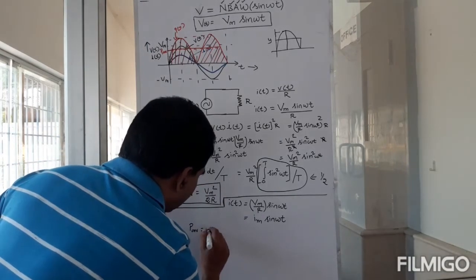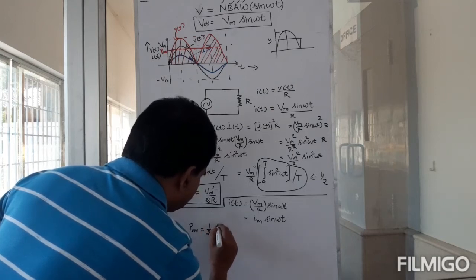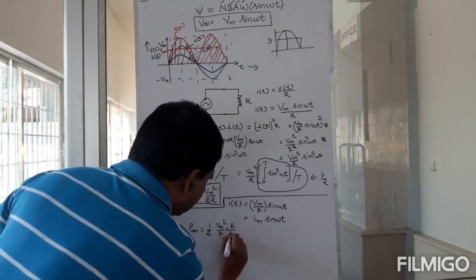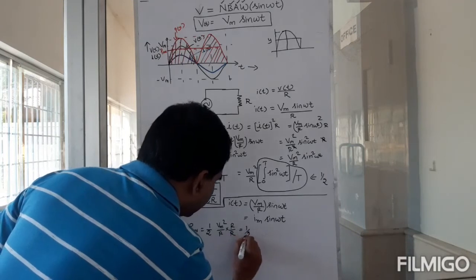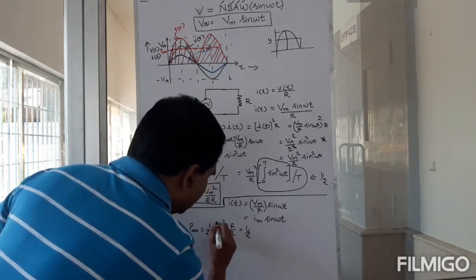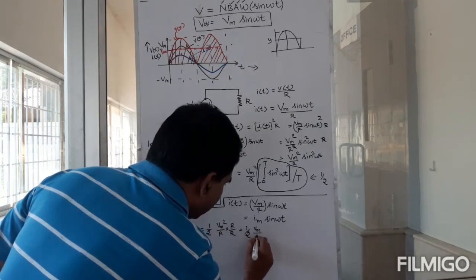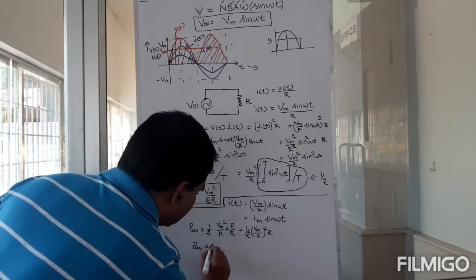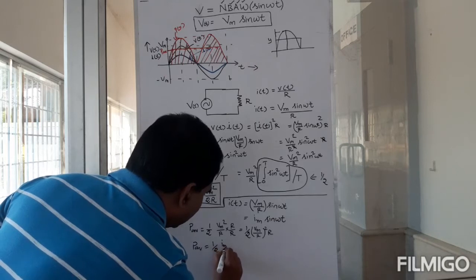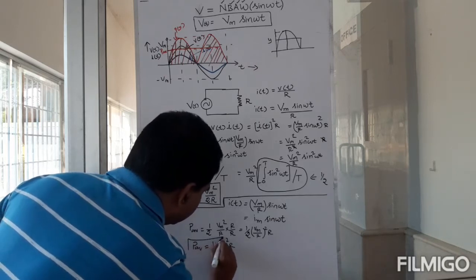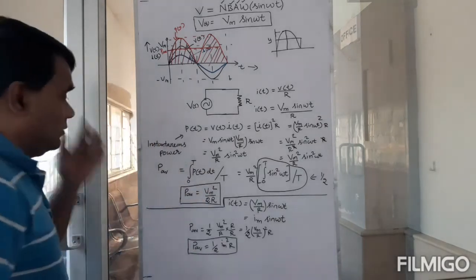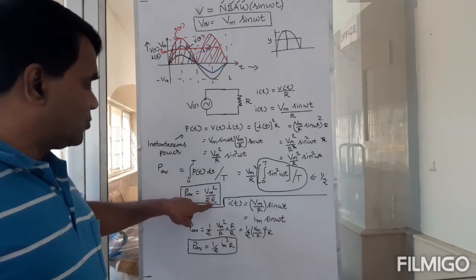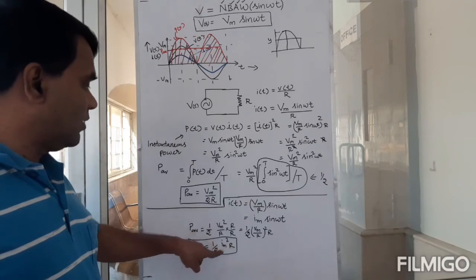I'll keep 1 by 2 here, and then this is going to be Vm squared by R. I'm going to multiply this by R and divide it by R. Then I'm going to get R into Vm squared by R squared, so Vm by R the whole squared into R. So P average can also be written as half Im squared R. Note this: P average can be written as Vm squared by 2R, or it can be written as Im squared R by 2.